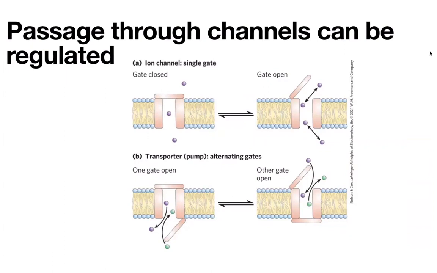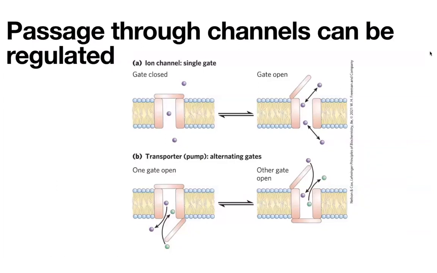Often passage through these channels is going to be regulated. Instead of just having a channel that's open all the time and therefore would allow things to diffuse to reach their equilibrium, which, remember, would deflate all of our potentials and make it so that things wouldn't have any drive to get through, we can regulate the passage through channels. There are a couple of ways that this can be done.